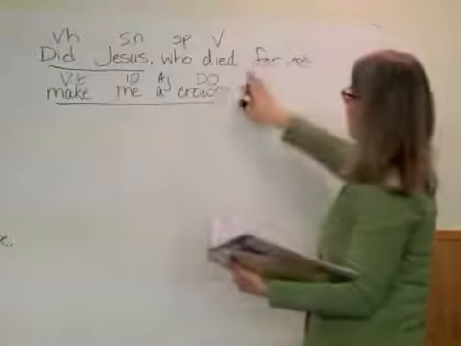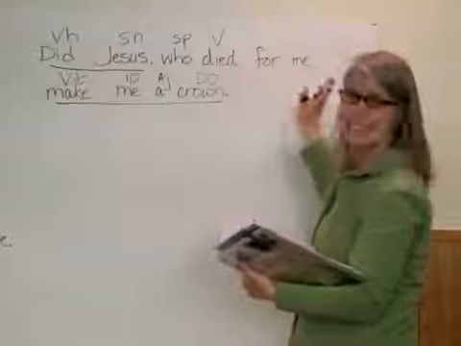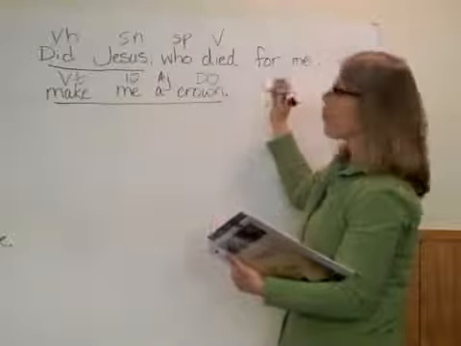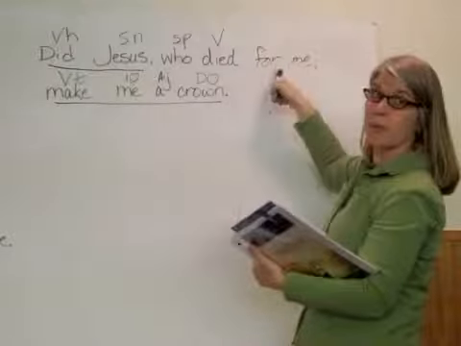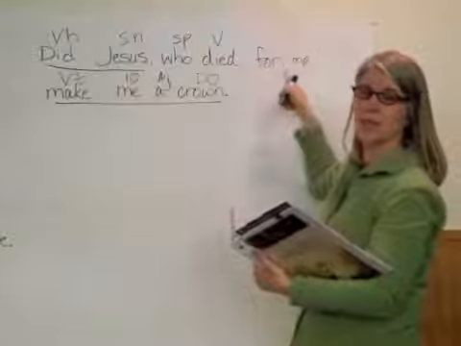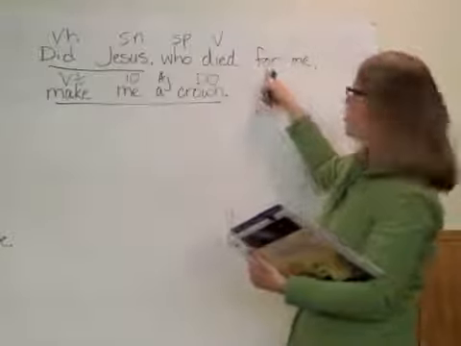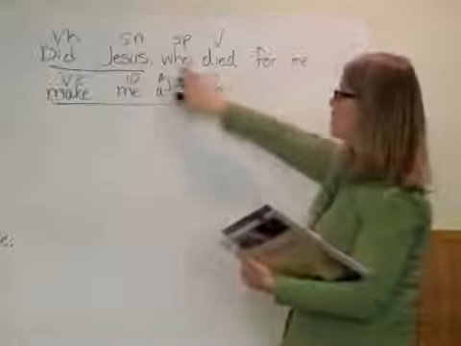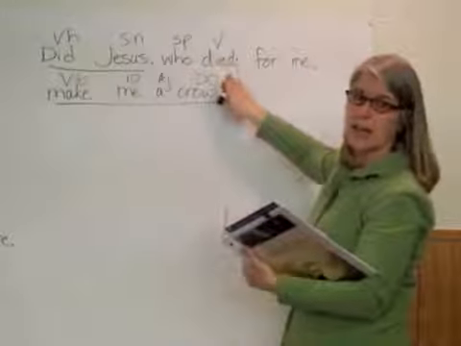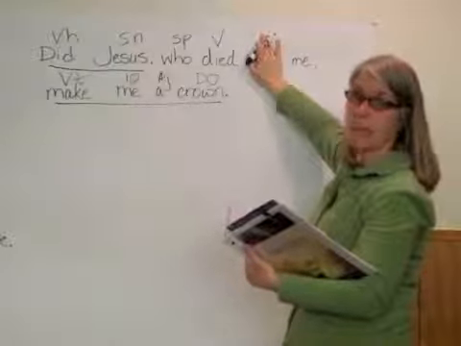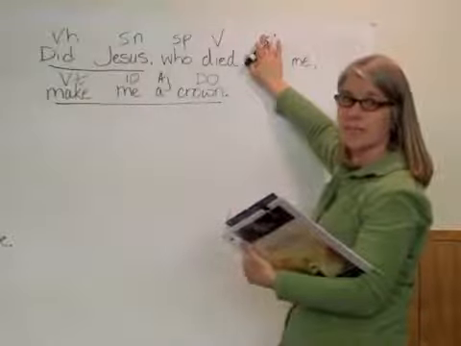And who died what? Who died whom? Well, you might answer for me, but what you need to recognize is for. It should ring a bell because you've memorized your preposition list. So for me ends up being our preposition. So this subject, it becomes a verb intransitive. You could just say, Jesus who died, and that would be a complete sentence.